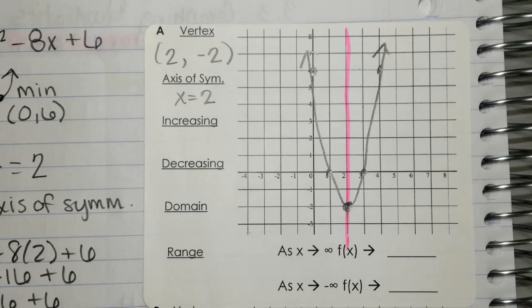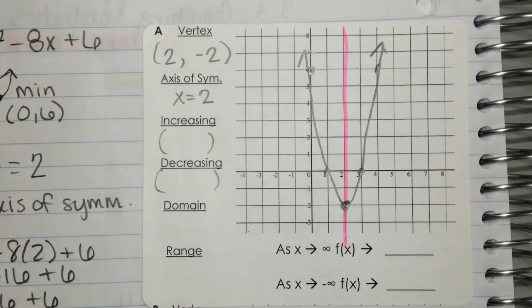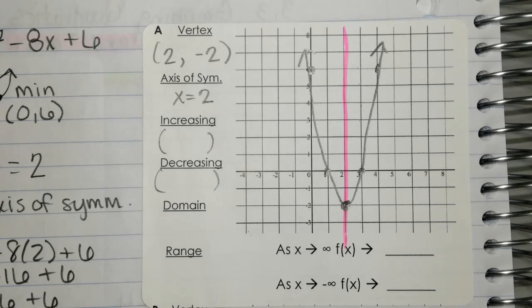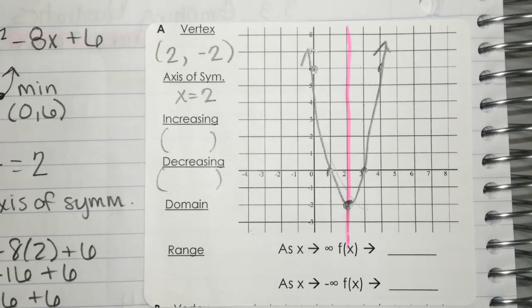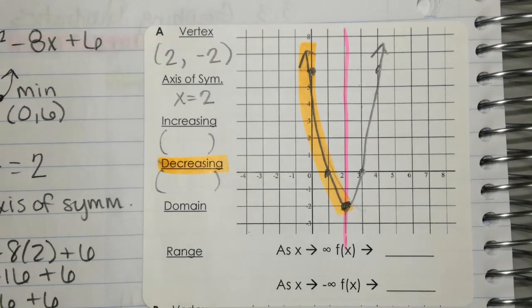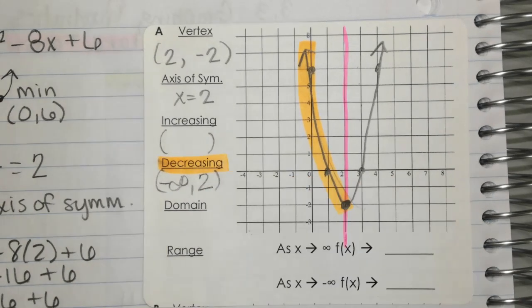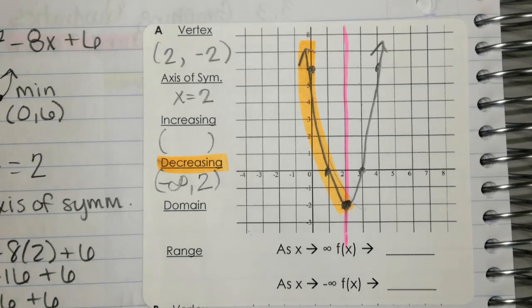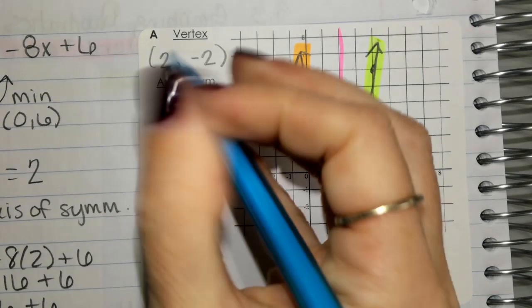And the last time we talked a lot about increasing, decreasing, and remember those are always in parentheses, never in hard brackets. We don't have a hard stop anywhere on this parabola. And when we're looking at where does it decrease and increase, we think about how we draw this. I start out by going down, so that's where I'm decreasing. Decreasing from negative infinity up to 2. And then I'm increasing from 2 to infinity.